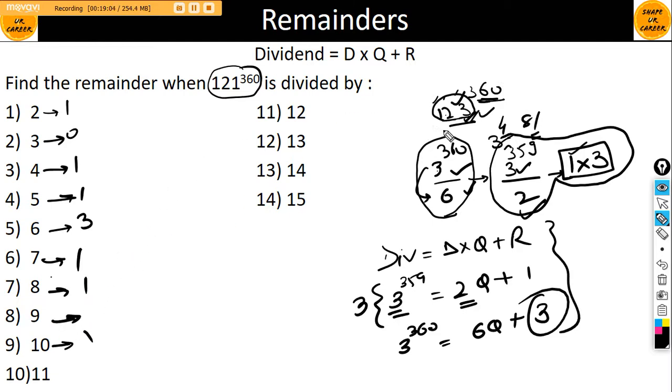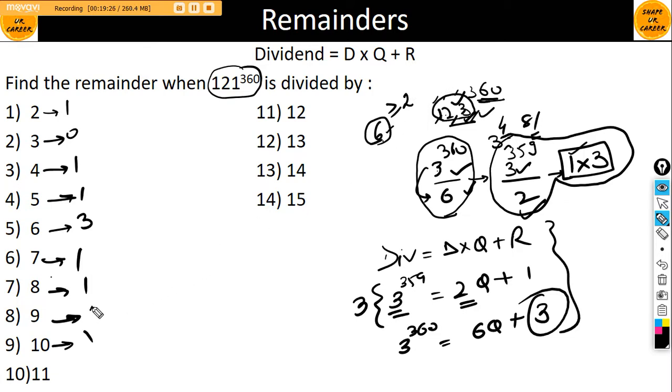In case of 9, if I add the digits of this number, 1 plus 2 plus 3 adds up to 6. If the power of this number is any value which is greater than or equal to 2, because this number contains 3, and if the power of 3 is 2 or more than 2, it is always a multiple of 9.